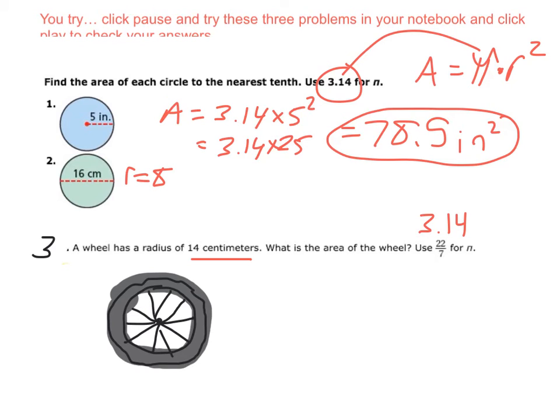Number 2. The diameter is 16, the radius is 8, half the diameter. So A equals 3.14 times 8 squared. 8 squared is 64, so 3.14 times 64 is 200.96.